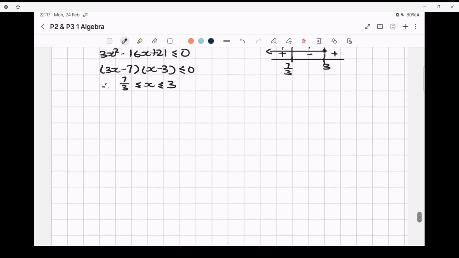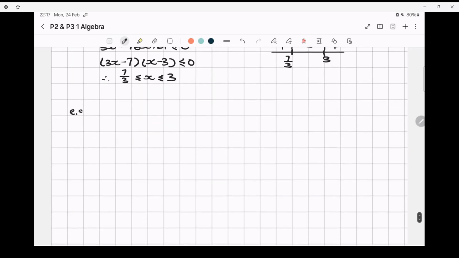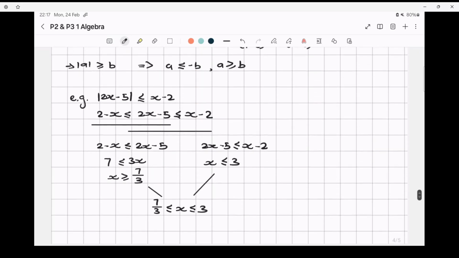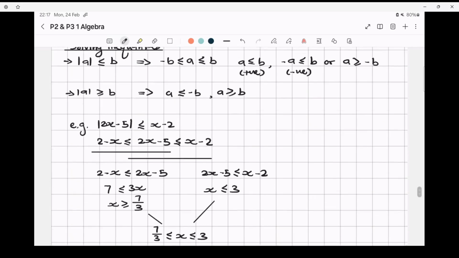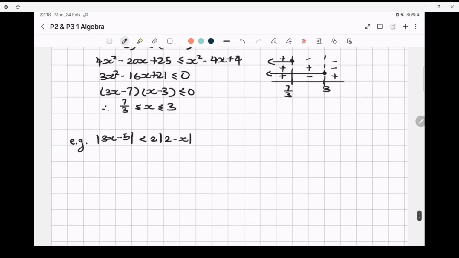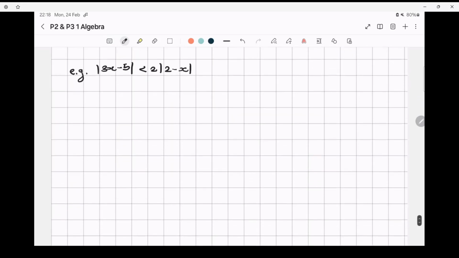So let's look at a second example. Modulus 3x minus 5 smaller than 2 minus x. So in this case, it doesn't make sense for you to use the first algebraic method over here. It doesn't really make sense for you to use these two identities. So what you can do is to square both sides.